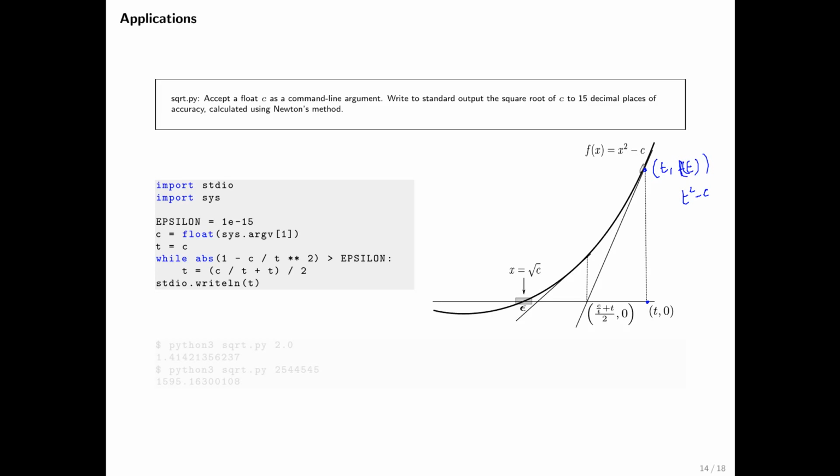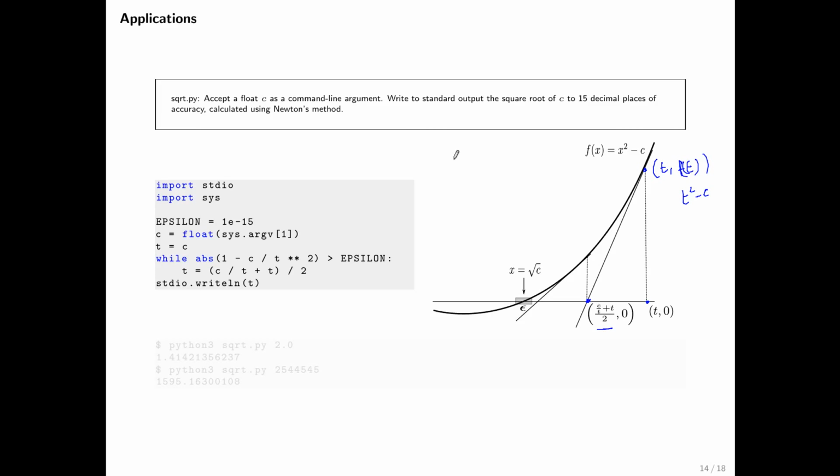Now what we do is at this point, we draw a tangent to the curve, which is this line here, and see where it intersects the x-axis. So it intersects the x-axis at some point whose y coordinate is certainly 0. But what is the x coordinate of the point where the line meets the x-axis? Well, that is fairly easy to figure out, and I'll let you guys do that as an exercise.